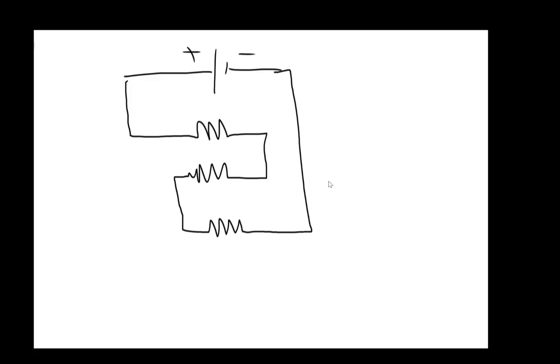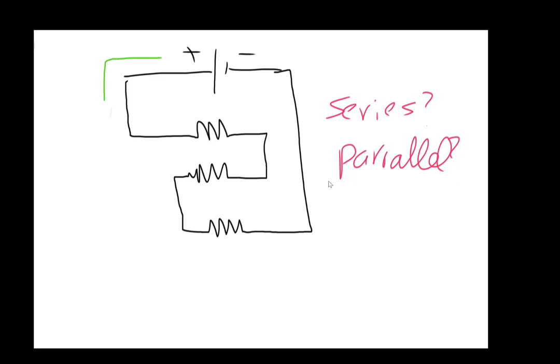In order to determine that, the first thing you need to think about is to trace the current flow. So we're going to trace the current flow here. Let me first put the question down. Are they in series or are they in parallel? Now let's see if we can trace the current flow. We know the current flows from positive to negative.